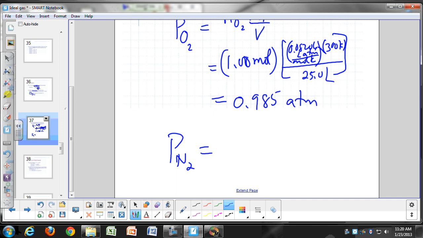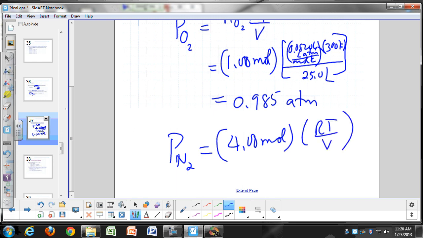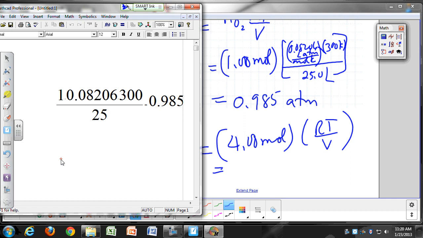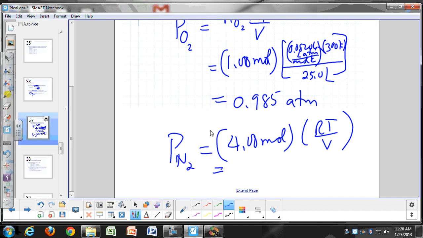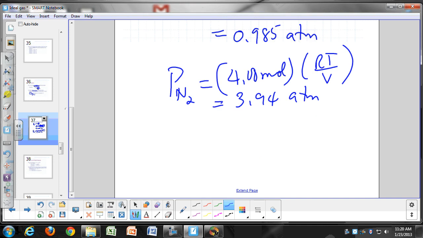What's the partial pressure of nitrogen? It's going to be 4 moles of N2. So 4.00 moles times RT over V. What do you think this is going to be? 4 times 0.985 is 3.94. What's the total pressure?